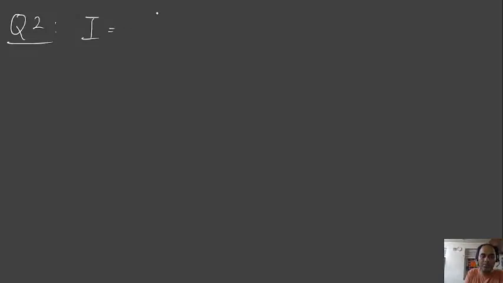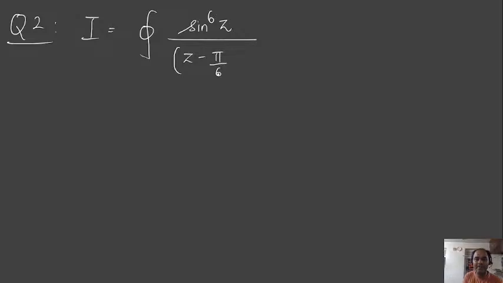I is equal to the integral of sine raised to 6z divided by (z minus pi by 6) whole raised to 3, dz over C, where C is mod z equal to 1.